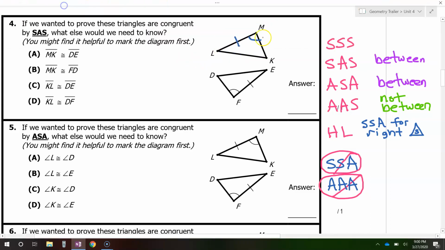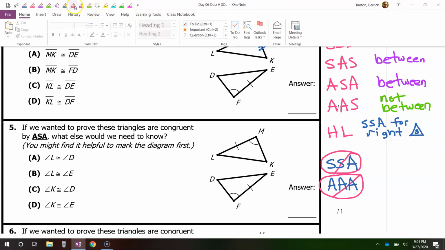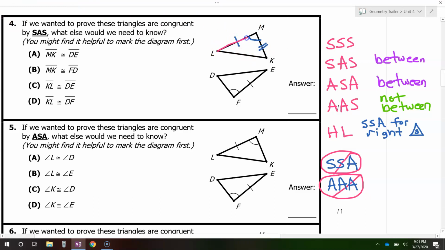So that's why I'm going to pick side MK. Now, if I highlight the two sides that I have marked, this side and this side, look where they meet. They meet at the angle. That means the angle is between the two sides, and that's what I want. So I need MK. By the same argument, I need DF, because that would put these two marked sides all around the angle, which is in the middle.